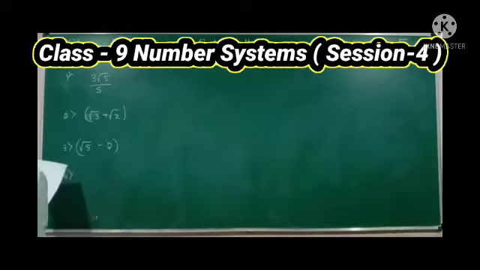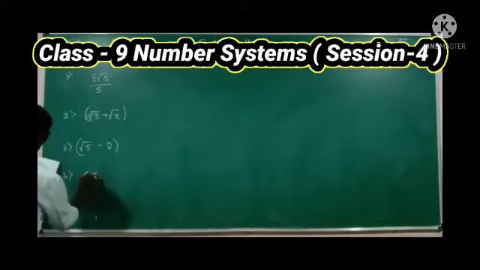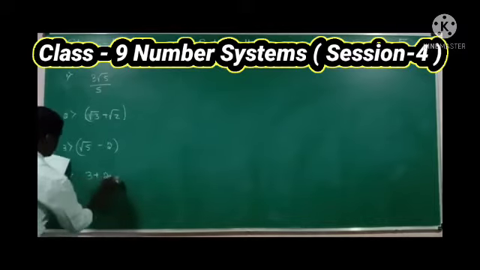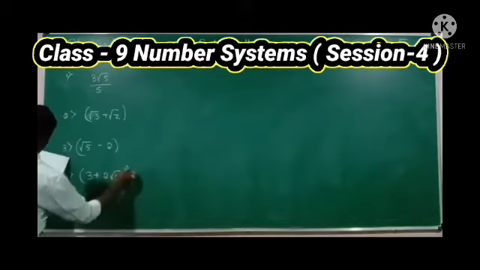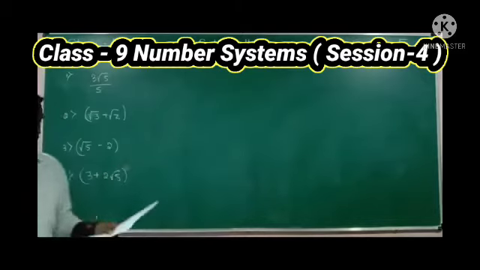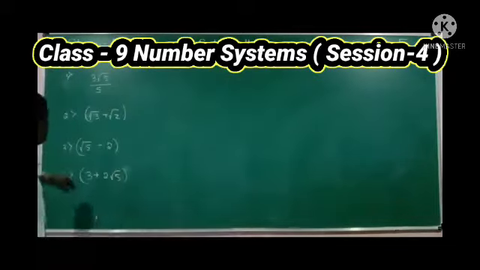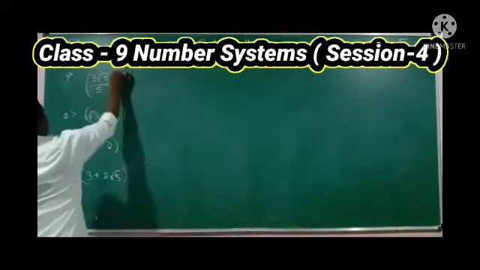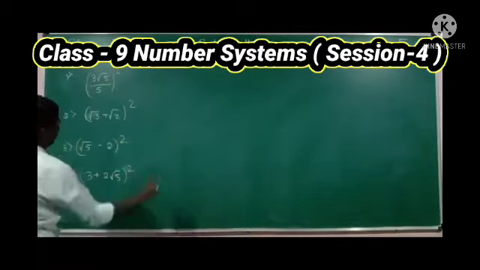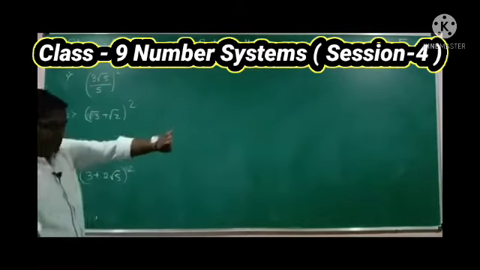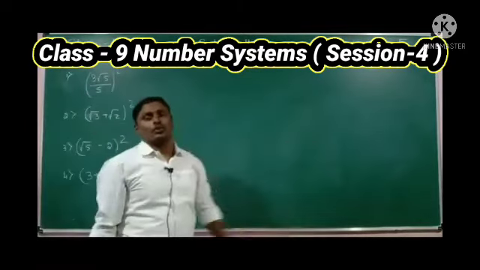Fourth one: 3 plus 2 root 5. So these are the given numbers. We need to find the squares of these numbers. Square means we need to multiply the given number 2 times.